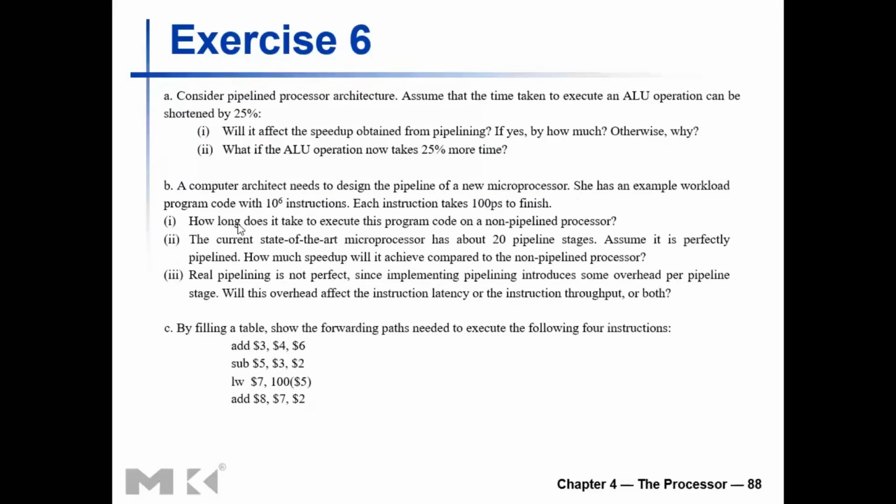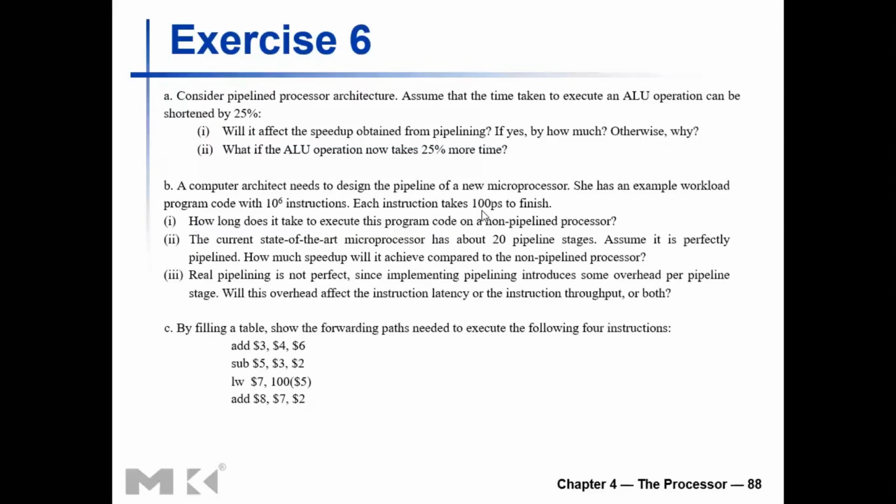So the first question is, how long does it take to execute this program code on a non-pipeline processor? It could be a multi-cycle non-pipeline or a single cycle processor. Either way, we have been told that each instruction takes 100 picoseconds, the same latency for every instruction.